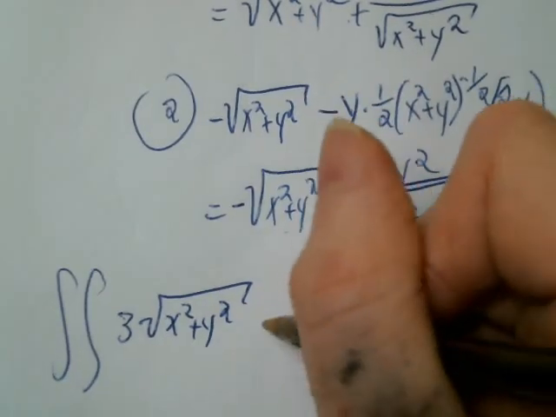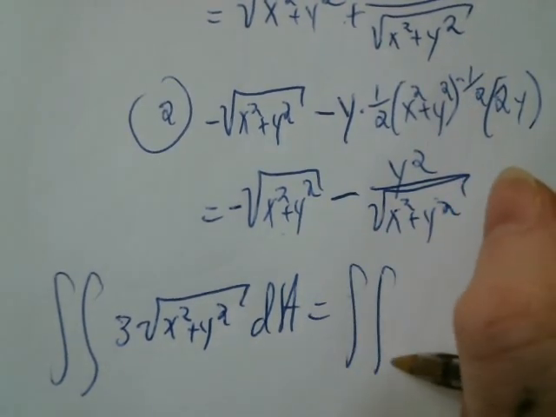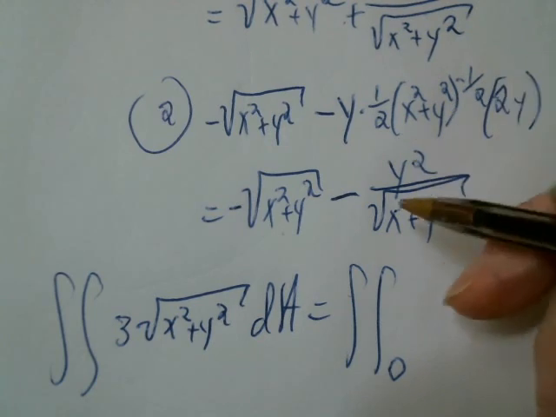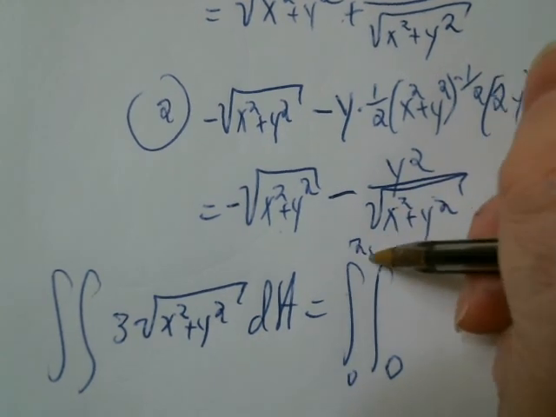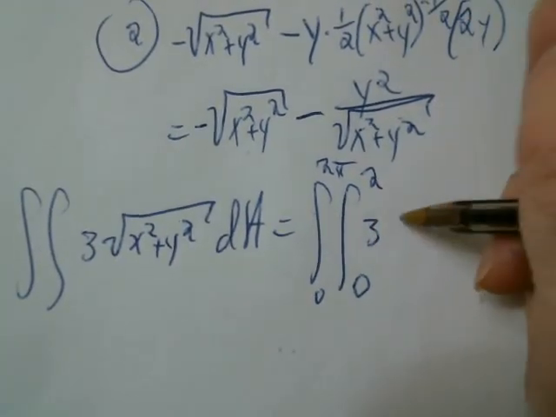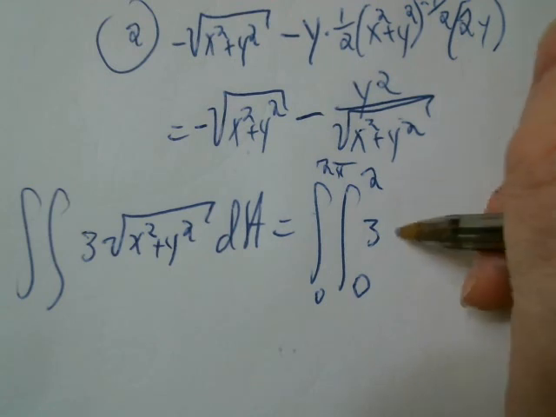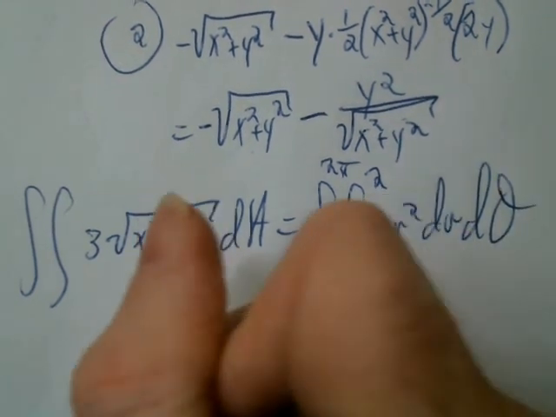So we're going to go polar for this. Okay, so I have the double integral from 0 to r equals 2, and then from 0 to 2 pi of 3 times the square root of r squared, which would be r, and then r dr d theta, so I end up with r squared dr d theta. Okay.